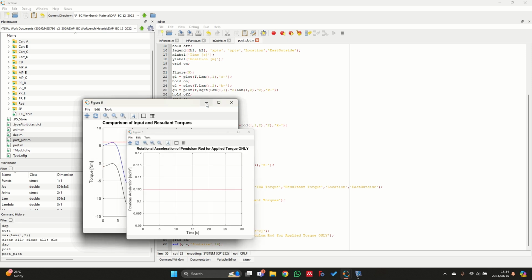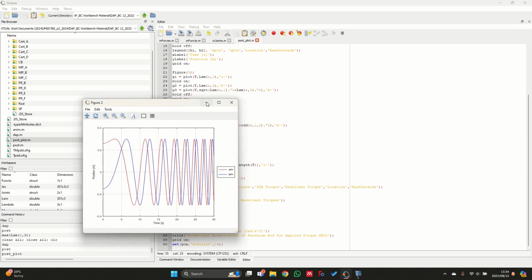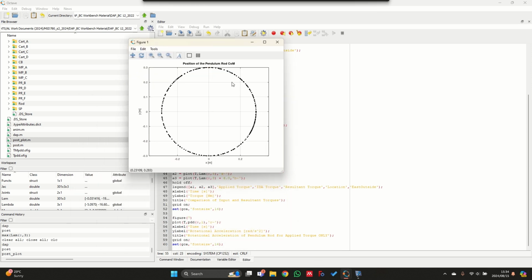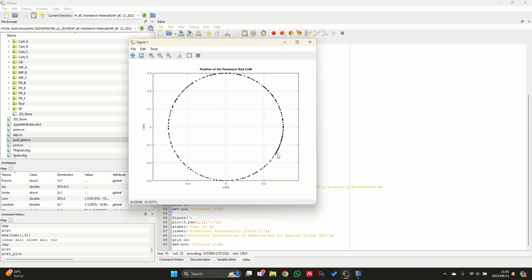And then perhaps starting at figure 1, which is the coordinates in the X and Y directions, we can see that this is more or less as expected. As we saw, the initial angle is -30 degrees for our pendulum rod, so we expect, since it starts from 0 velocity, that the points will be a bit closer to one another, and as the system then accelerates, the distance between the points grows larger, and this is indeed what we see over here on this graph.